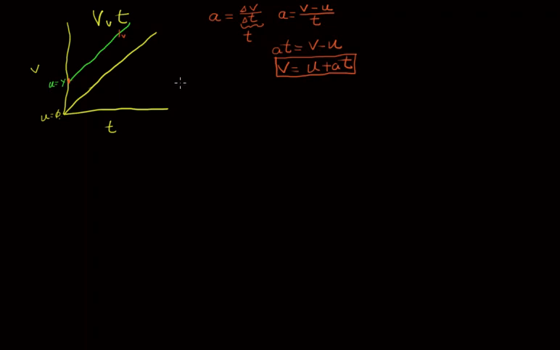Now with the second one, let's see if we can find out what the distance is, right? So looking on here, if I draw this, I have two things I need to add up. I have a triangle and I have a rectangle.